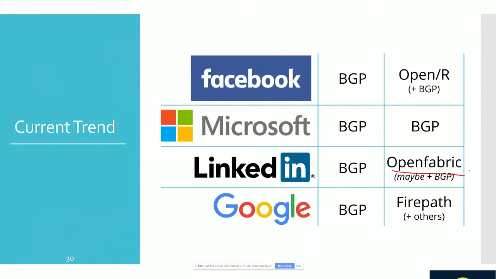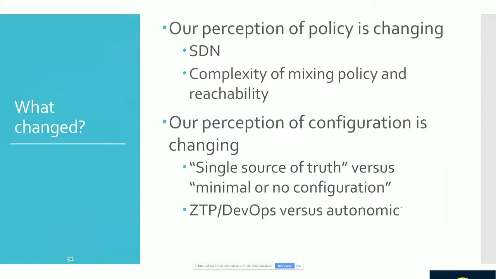LinkedIn seems to be moving towards something called Open Fabric, maybe plus BGP. Google, a while back, went to something called FirePath and is now moving on past FirePath a bit, but that's what they moved to. So everybody's kind of moving, not everybody, but the hyperscalers seem to be moving away from BGP right now.